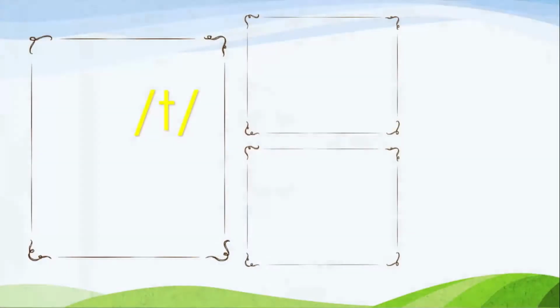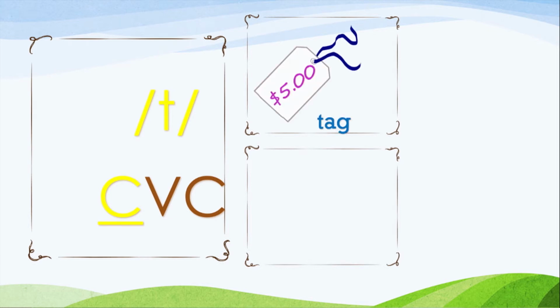The first sound we are going to listen for is the T sound at the beginning of our CVC word. So, we look at the picture. That is a tag.